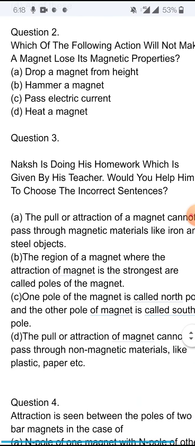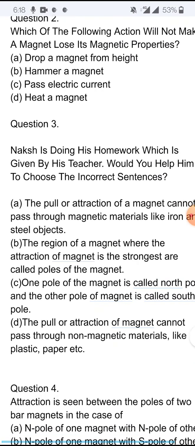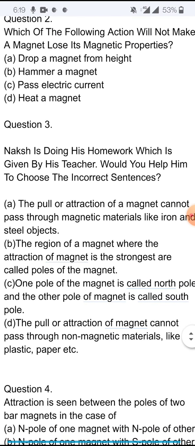Third question. Naksha is doing the homework given by his teacher. Would you help him to choose the incorrect sentence? First option is the pull or attraction of a magnet cannot pass through magnetic materials like iron and steel objects.